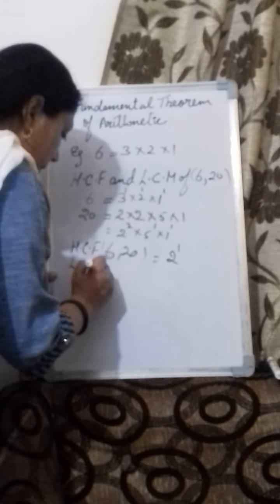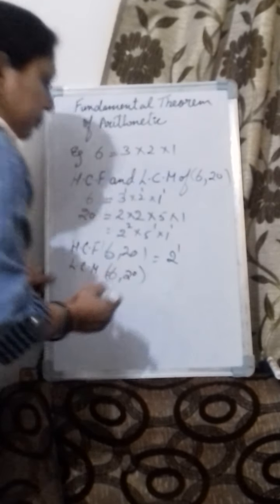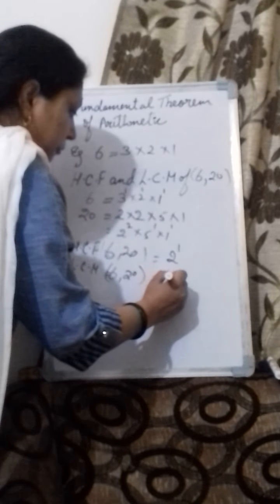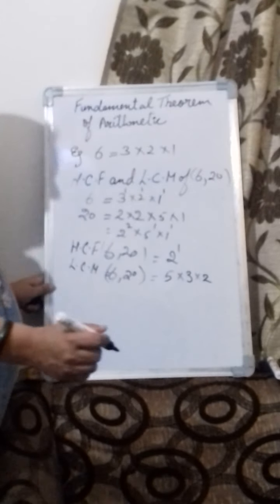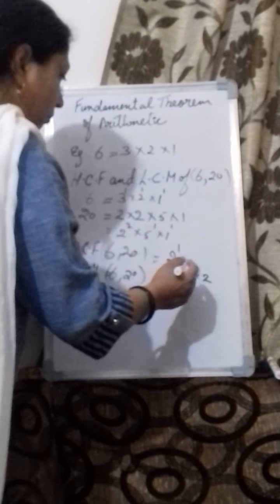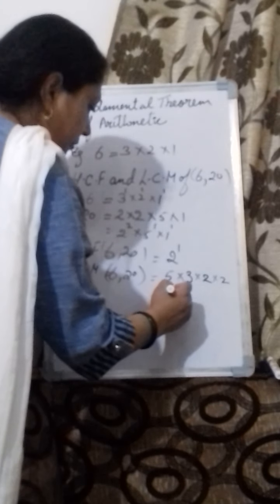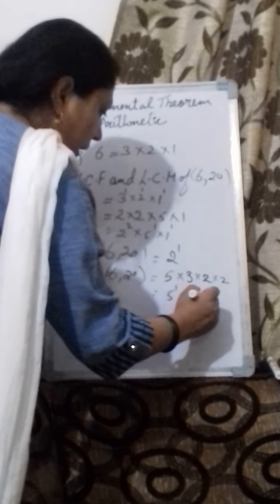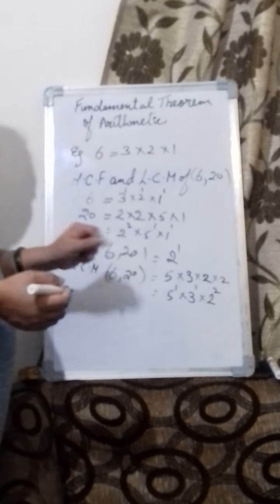And the LCM of 6 and 20 is 5 into 3 into 2 into 2, that is 5 to the power 1, 3 to the power 1 and 2 to the power 2.